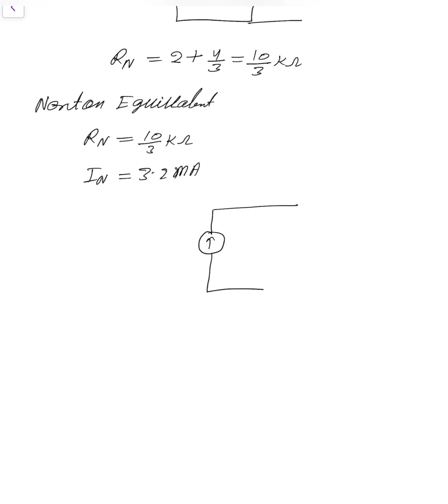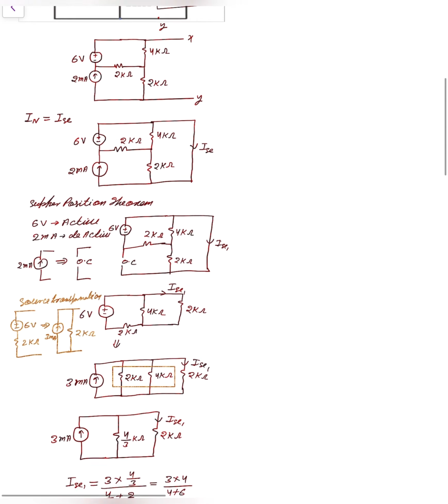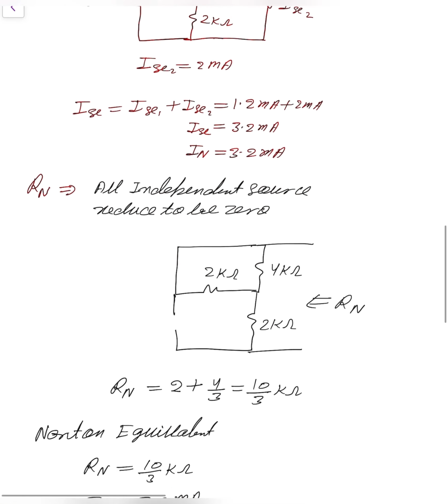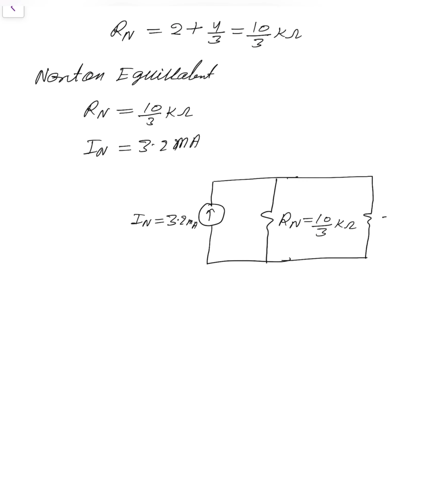If you make the circuit: IN, here RN is 10 by 3, and the 5 kilo ohm load, and that is IL.